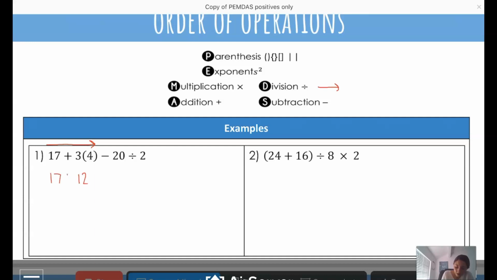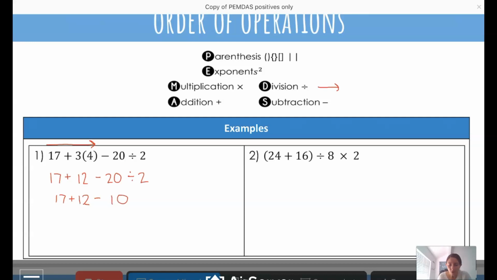And I'm going to bring down everything else that I haven't simplified or solved yet. So now I have 17 plus 12 minus 20 divided by 2. So now I'm going to do my division. So everything else gets brought down, 17 plus 12 minus, and now I'm going to do 20 divided by 2 is 10.